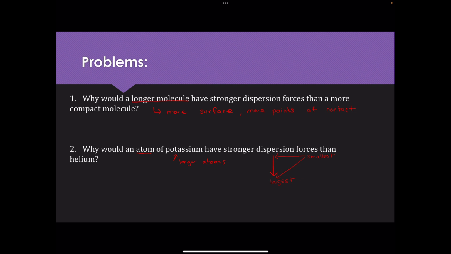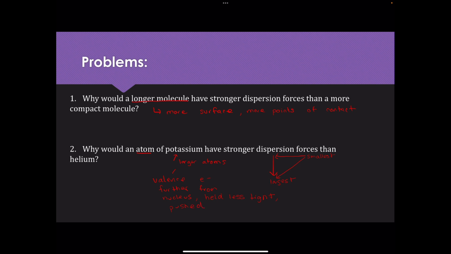So if we think about why, remember, larger atoms, their valence electrons are further from the nucleus. If my electrons are further from the nucleus, they're going to be held less tightly. If they're held less tightly, we're going to be able to push them around a whole lot easier.